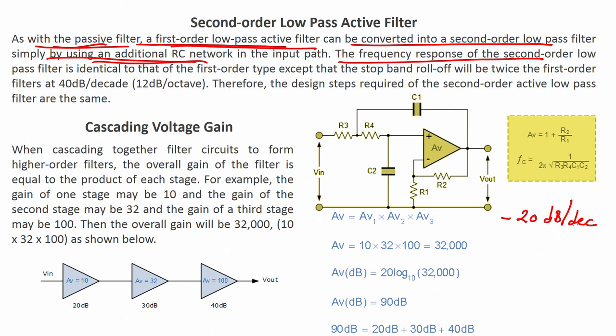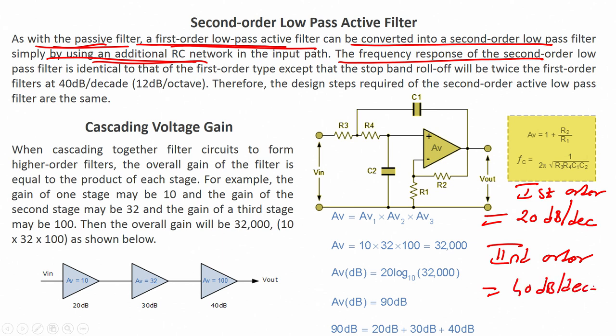That was the formula, that the roll off rate was nothing but 20 dB per decade, for the first order low pass filter. In case of the second order low pass filter, my roll off rate will be 40 dB per decade. Okay. So, that is what is written, that the roll off rate increases.